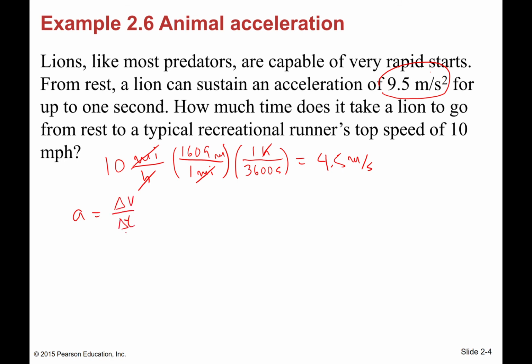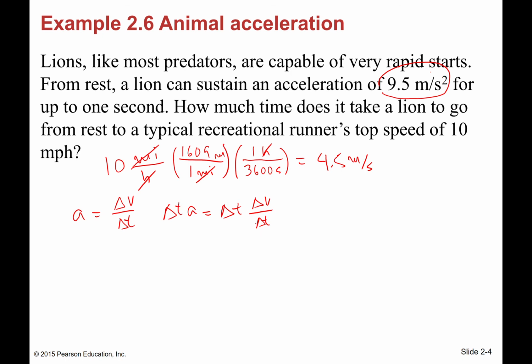I want to calculate time, so I have to move the time to the other side. So I'm going to multiply by delta t. I'm multiplying both sides by the same thing, so nothing changes.